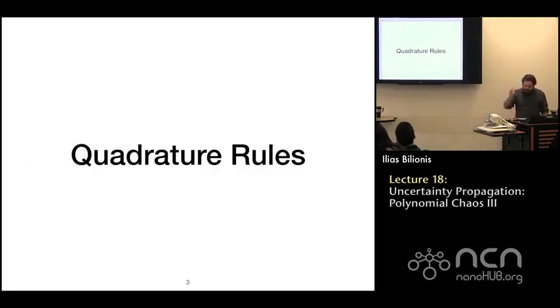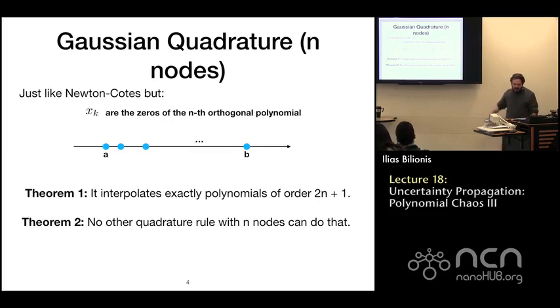Alright, so quadrature rules, quick reminder. We talked about the Gaussian quadrature that basically just takes a bunch of nodes on the line, let's say, and these nodes are the roots of a polynomial of degree n. This particular rule picks these nodes and then uses the Lagrange polynomial to interpolate the function values on these nodes, and it has two properties.